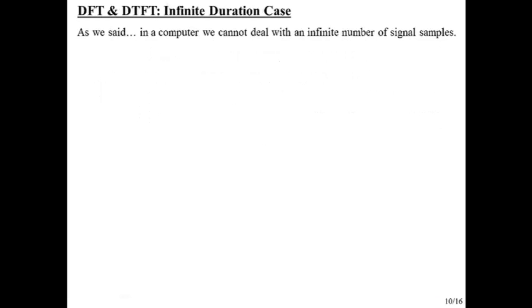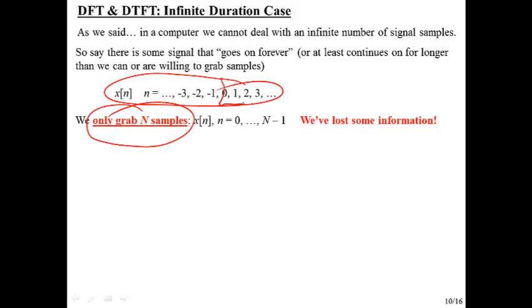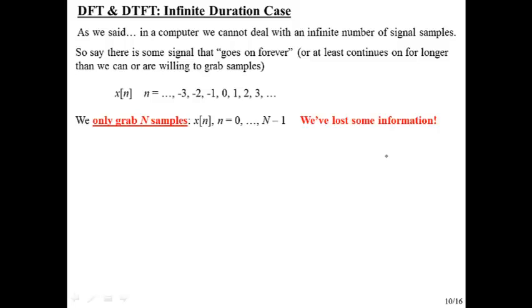So the infinite duration case is more representative of reality. So the signal, quote unquote, goes on forever, or at least for a long time, longer than we can collect samples. So we only grab N samples somewhere out of the middle of this. We'll just say that we start at 0 and go to N minus 1. So we've lost some information.